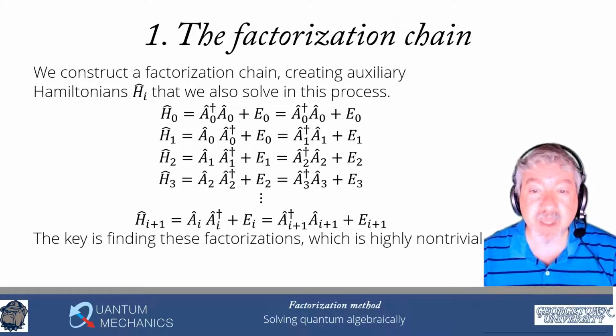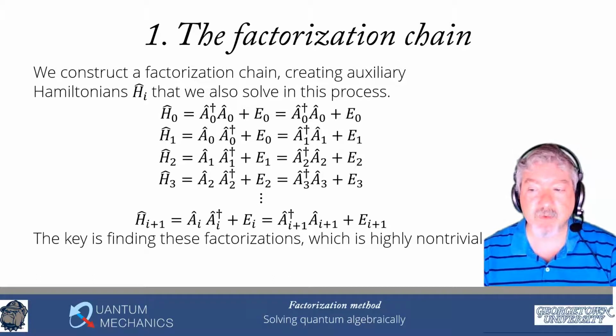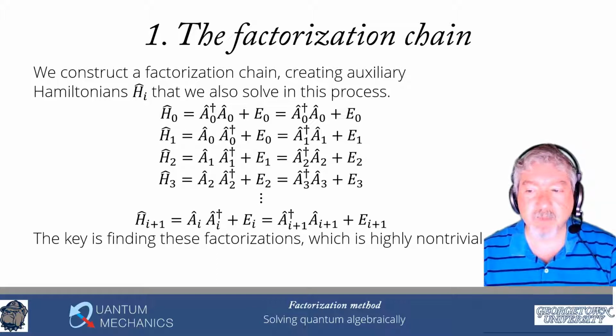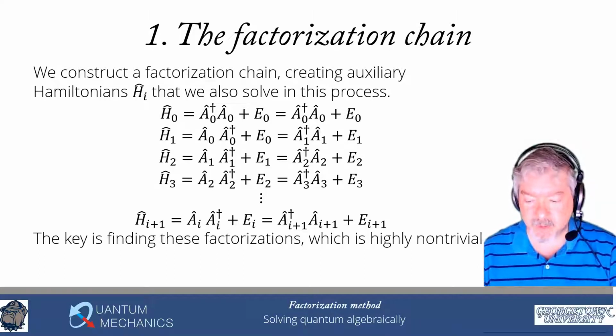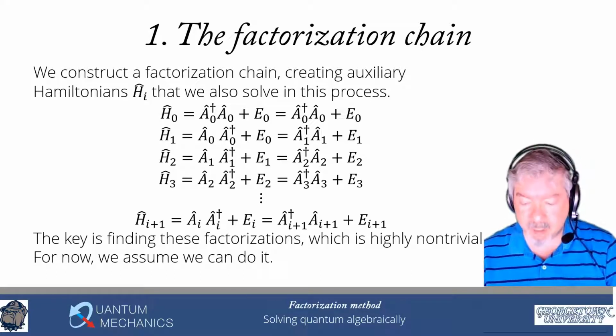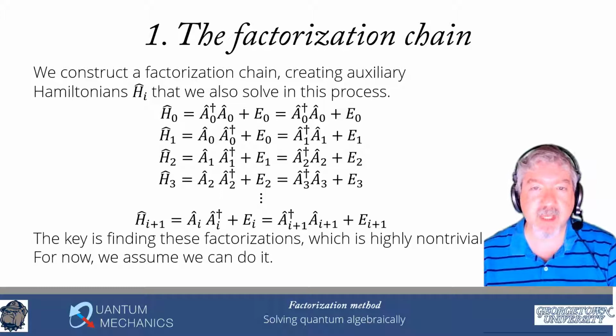And so when you have that situation, this actually ends up being a fairly easy and fairly straightforward procedure. And it turns out all of the analytically solvable problems fall into this category, and so they can be solved in this fashion. But for now, let's just assume that we can do it, and let's see what happens under the assumption that this can be done.